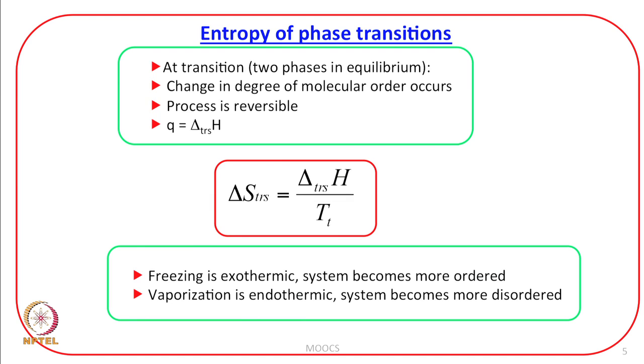And by looking at this equation, the sign of delta H will decide whether the entropy change will be positive or negative. For example, freezing is exothermic. Exothermic is delta H less than 0, negative. So, freezing means delta S should be negative. It makes sense because in freezing the molecules become more ordered.